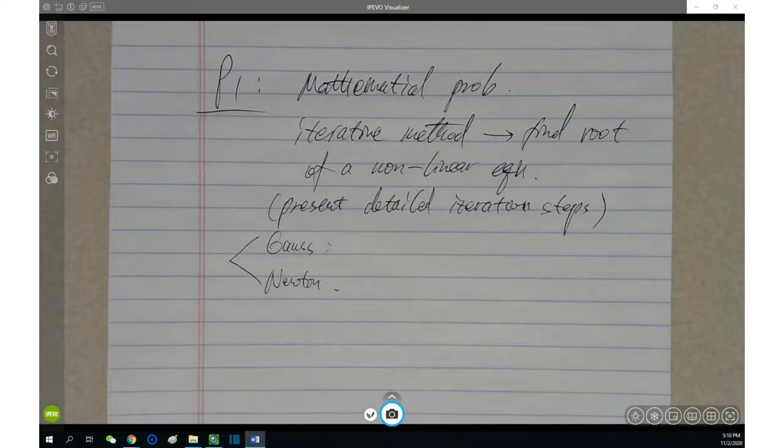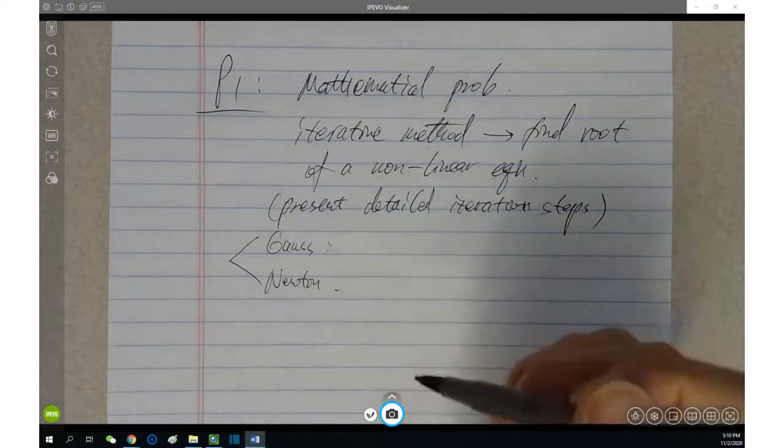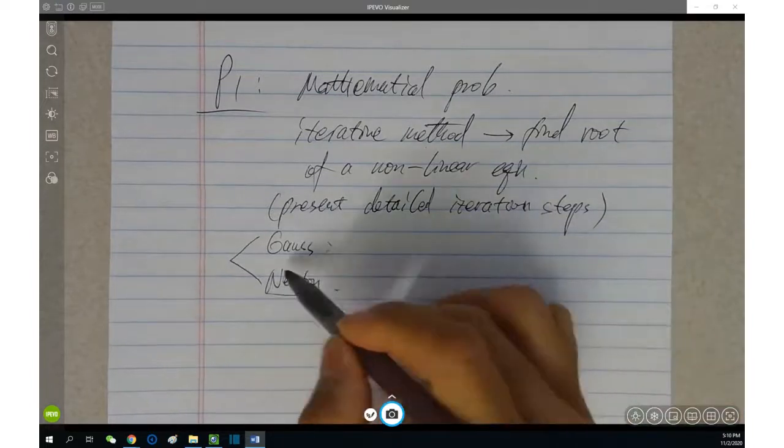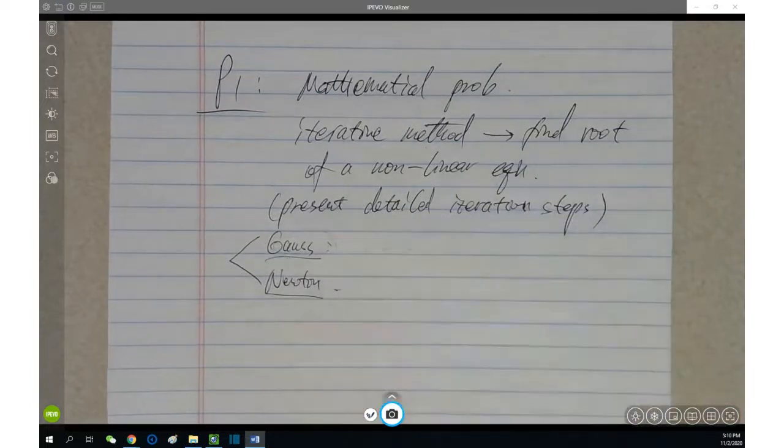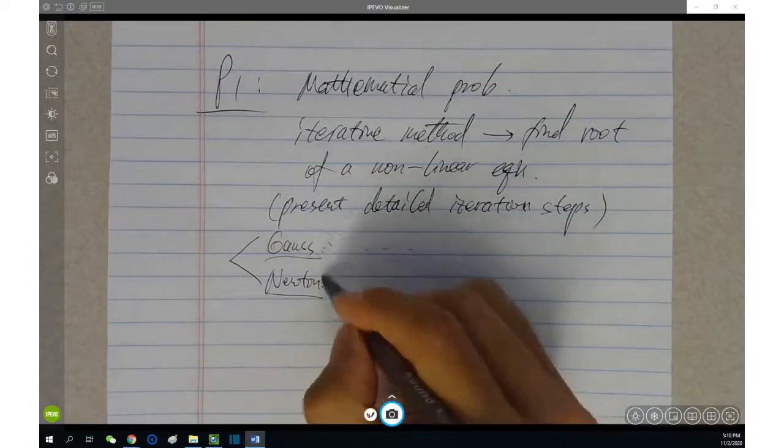It's very important. For example, if I'm asking for Newton and you give me Gauss, step by step, everything perfectly right, well, you're using the wrong method. You're going to lose quite a bit of points, because you're not presenting what I'm looking for. Be very careful which method I'm asking for. It could be either one.